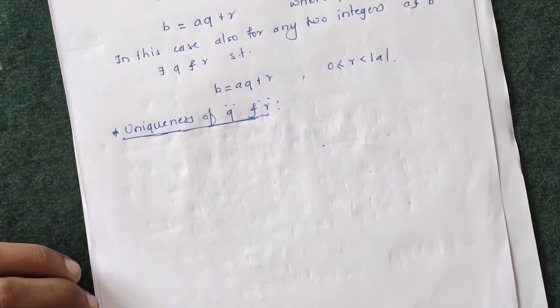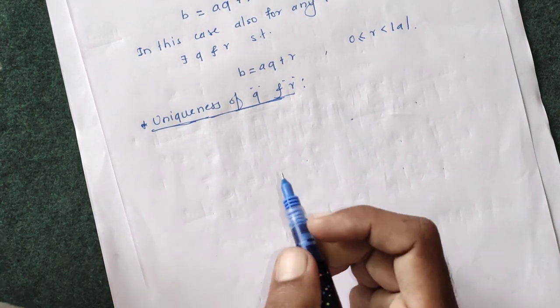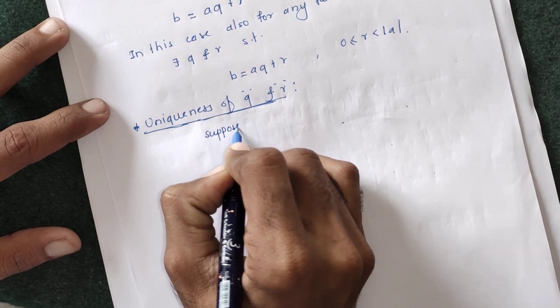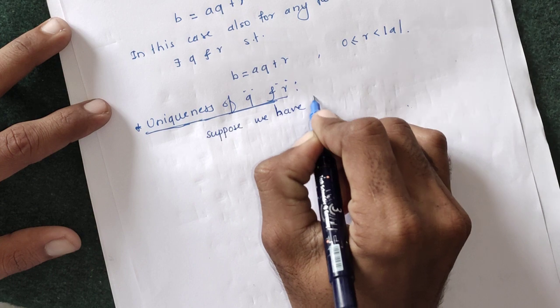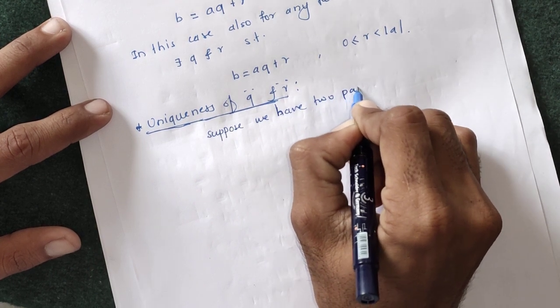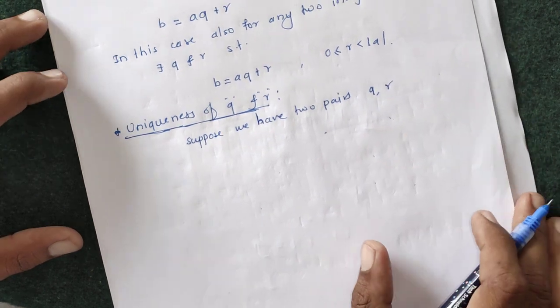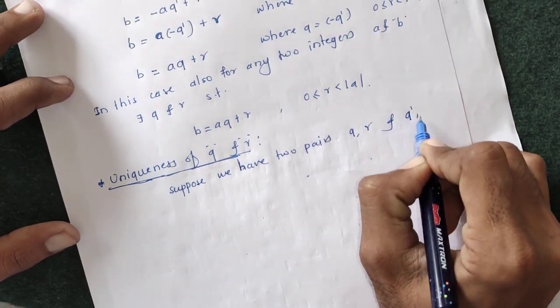Suppose we are going to prove this by contradiction. Suppose we have two pairs, q r and q prime r prime.